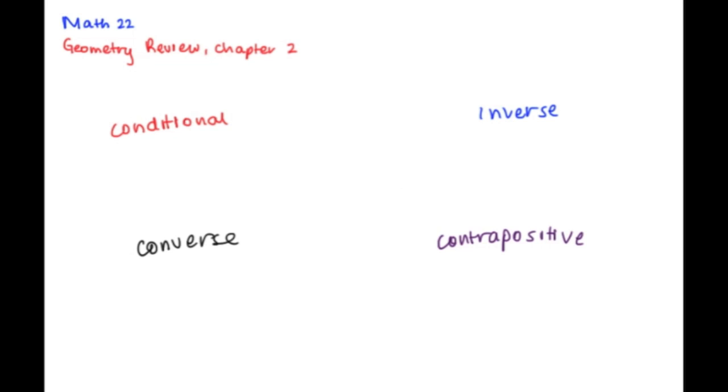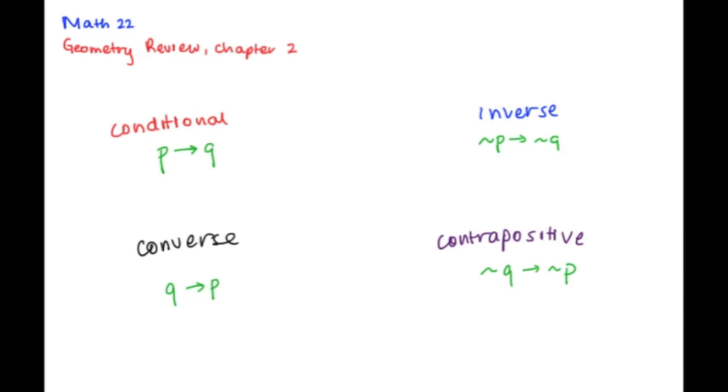I'm just going to tell you what each of these looks like. If the conditional is P implies Q, the inverse is going to be the negation of both P and Q, so it's going to look like that. The converse is going to be the flip of both, so instead of P implies Q, it's going to be Q implies P. And the contrapositive is the combination of both, which is not Q implying not P.